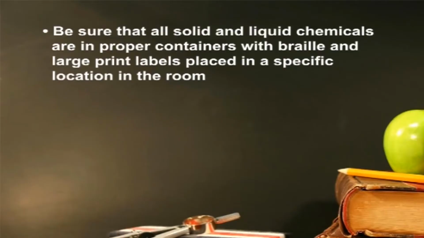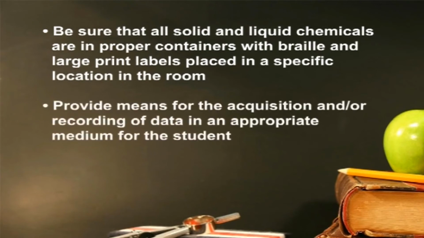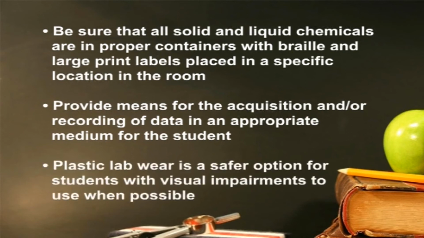Be sure that all solid and liquid chemicals are in proper containers with braille and large print labels placed in a specific location in the room. Provide means for the acquisition and or recording of data in an appropriate medium for the student. Plastic labware is a safer option for students with visual impairments to use when possible.